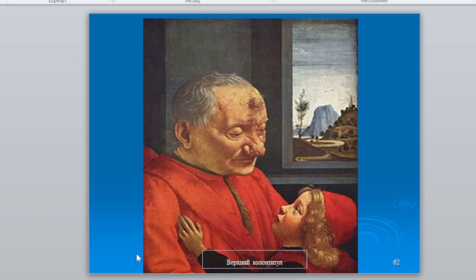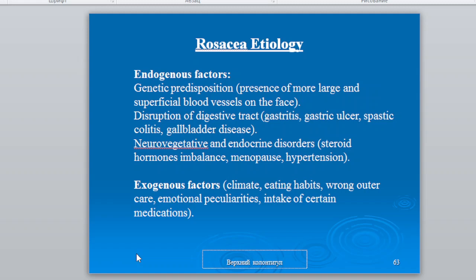Next photo. Rosacea etiology. Endogenous factors: genetic predisposition, presence of more large and superficial blood vessels on the face; disruption of the digestive tract, gastritis, gastric ulcer, spastic colitis, gallbladder disease; neurovegetative and endocrine disorders, steroid hormone imbalance, menopause, hypertension.